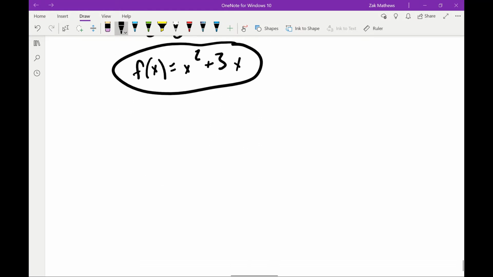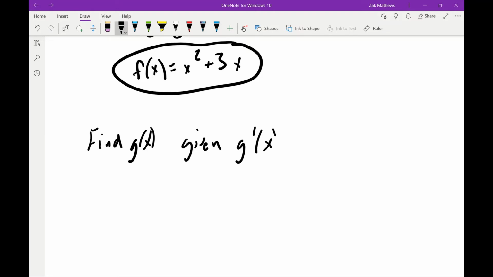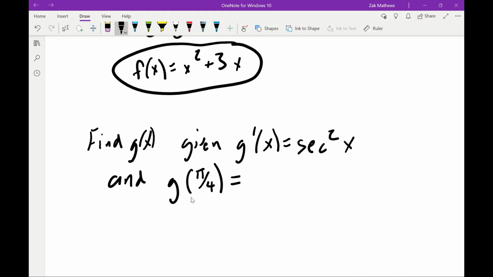Let's do another one. Find g of x given g prime of x is equal to secant squared of x and g of pi over 4 is equal to 1.